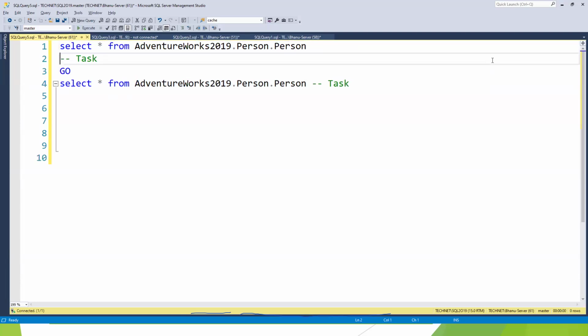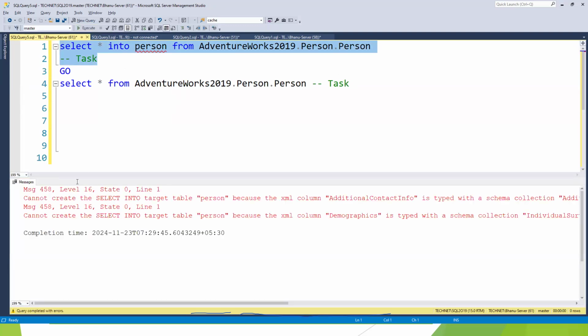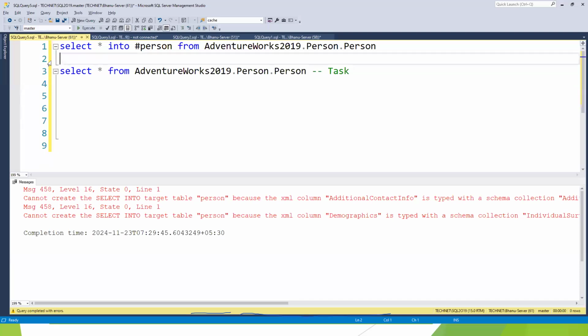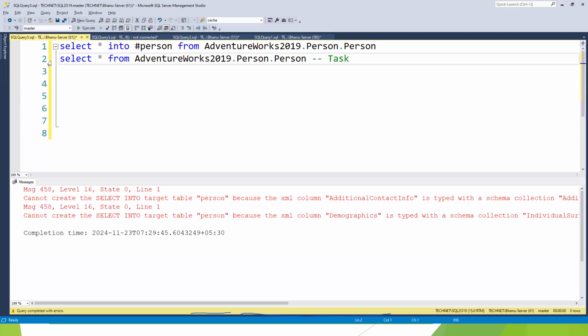Okay, select. Okay, fine. So what I'm doing, select star into person, right? So it's kind of a temporary table, right?